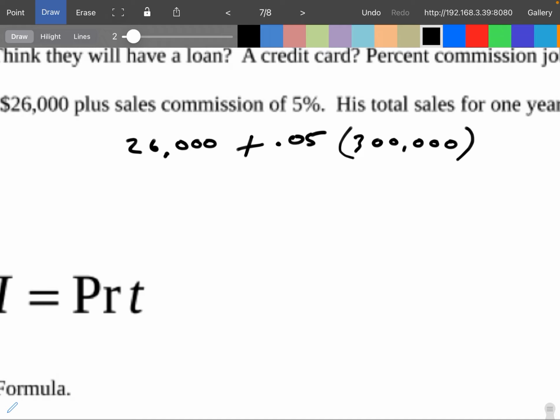And then you just put that in your calculator. That's it. Just remember, every single problem in this section, you got to change the percent back into a decimal.